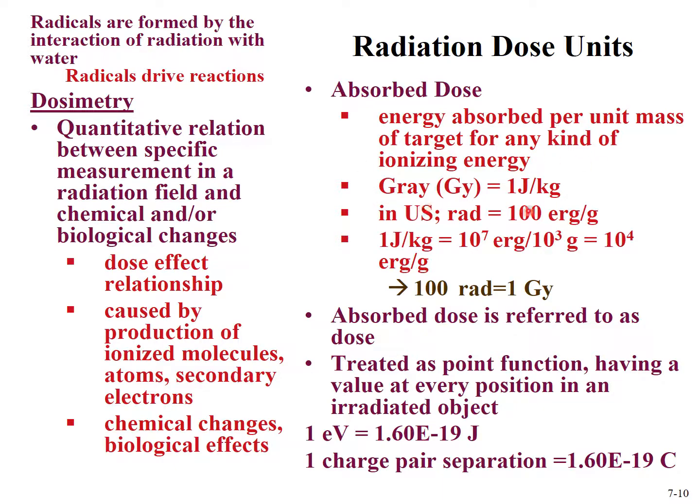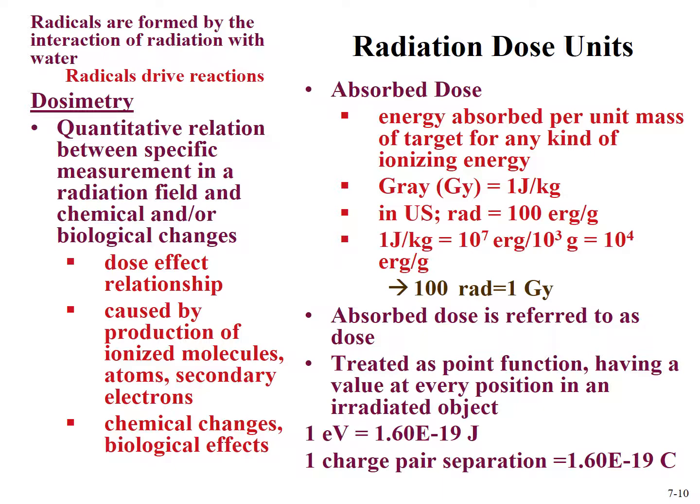The gray is 1 joule per kilogram. In the United States, we use the rad, where the rad is 100 ergs per gram, and it works out that 1 gray is equal to 100 rad. So for radiation dose units, we're going to have this 2 orders of magnitude difference between SI units and what we use in the United States.